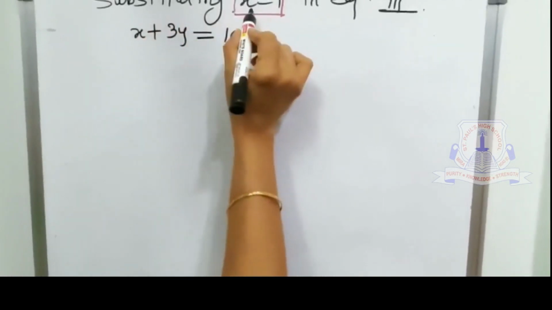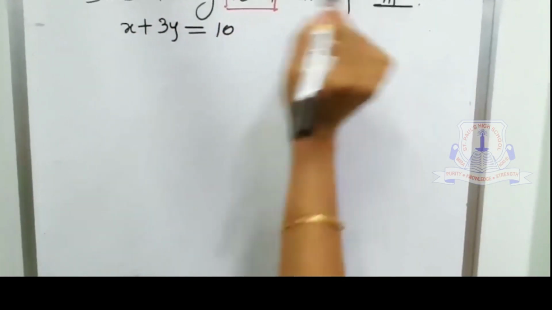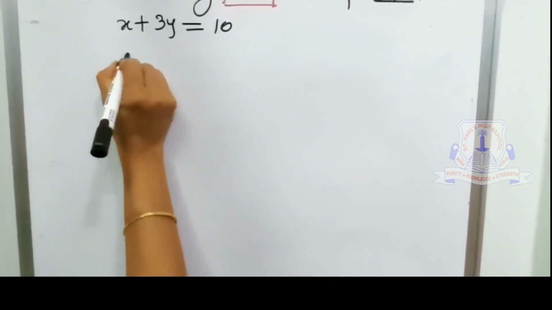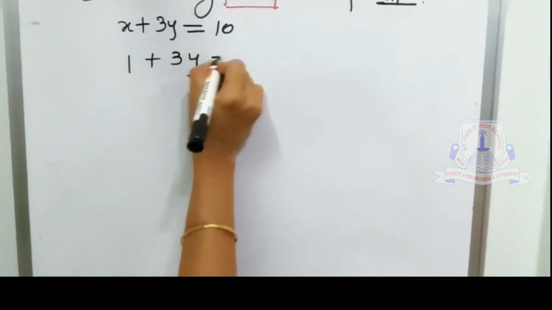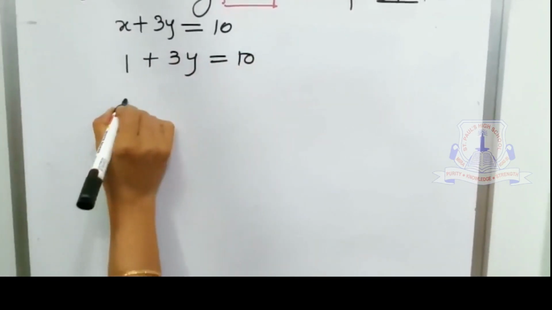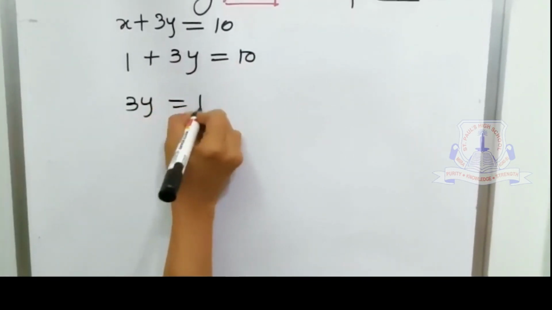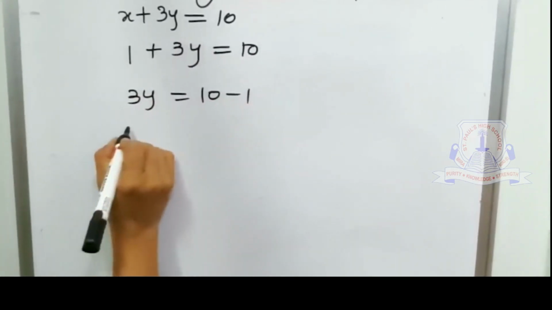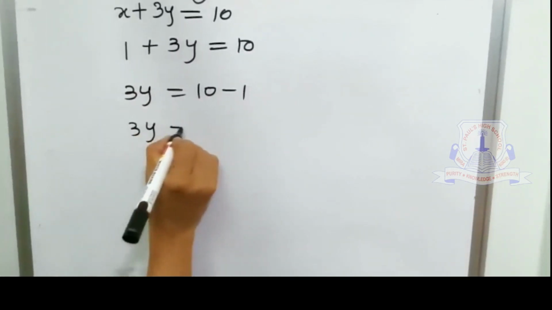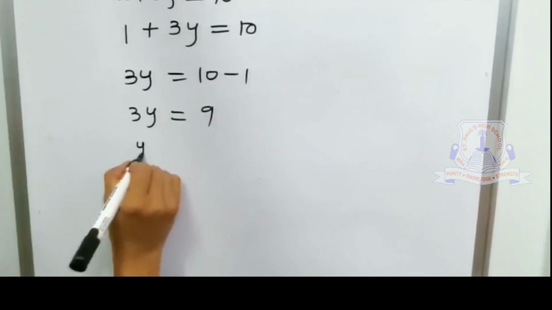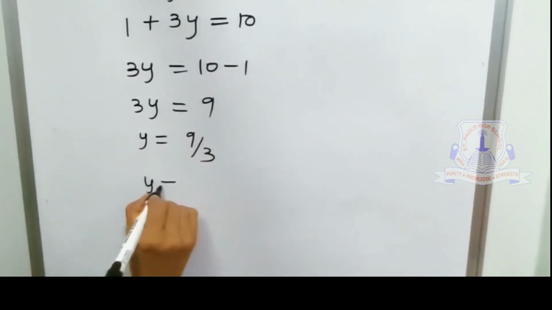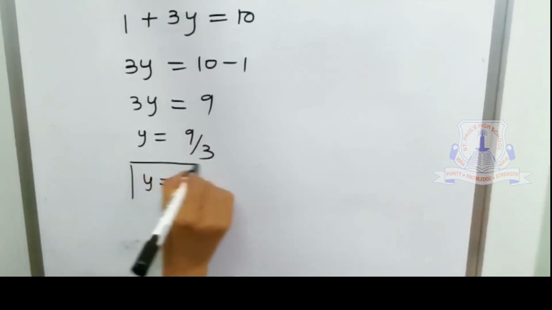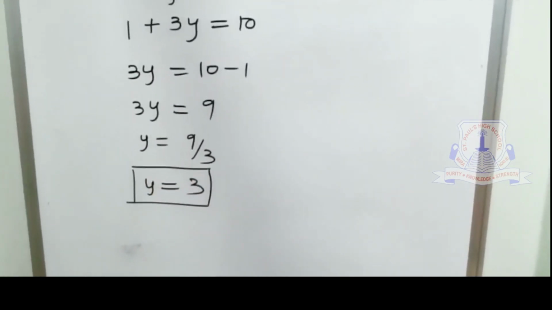So substituting x equal to 1 in equation 3, if I put here x equal to 1 plus 3y equal to 10, 3y equal to 10 minus 1, 3y equal to 9. Y equal to 9 upon 3. Y equal to 3. We got y equal to 3.